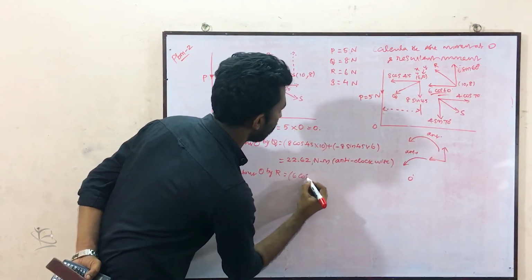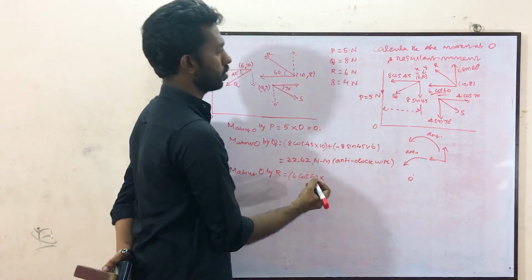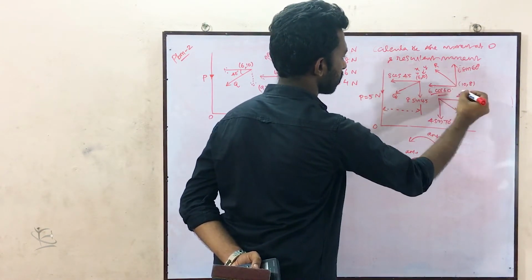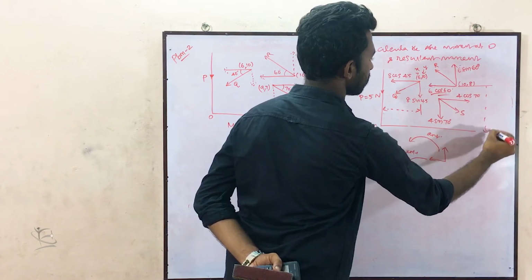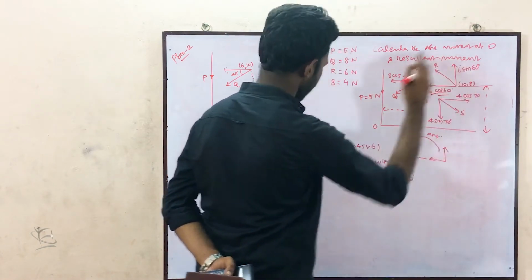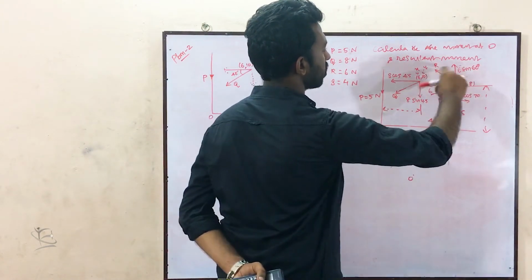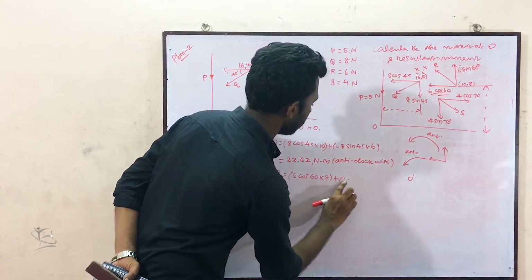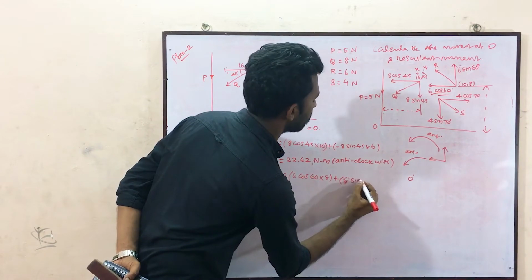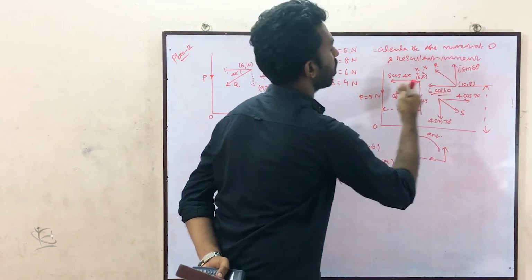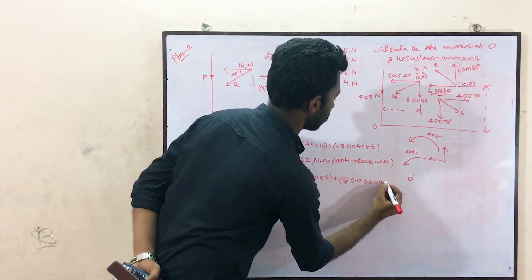The horizontal component is 6 cos 60 into the vertical distance, this distance, which is 8. Plus this is also anti-clockwise, so 6 sin 60, acting in the vertical, into the horizontal distance 10.